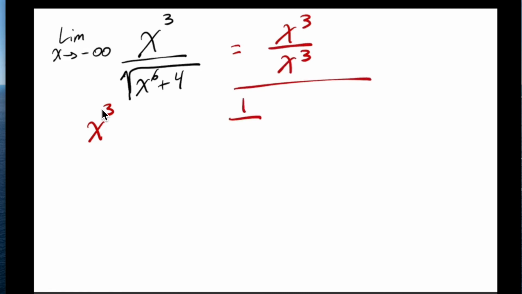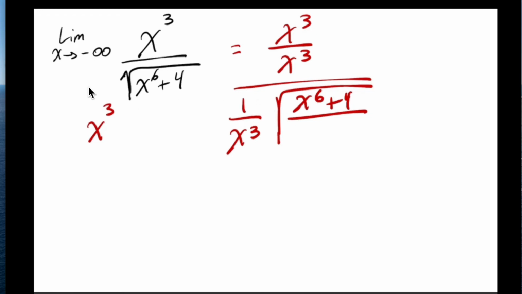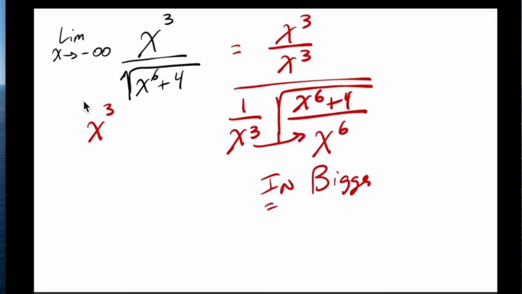So here we're going to have 1 over x to the 3rd out front of this radical. We're going to anticipate moving that radical within the radicand. So I'm going to create a little fraction here. As we move that x to the 3rd in, it's going to become x to the 6th. Remember, as we go in the radical, we get bigger.